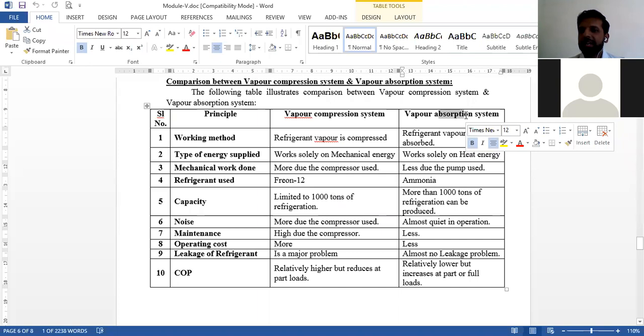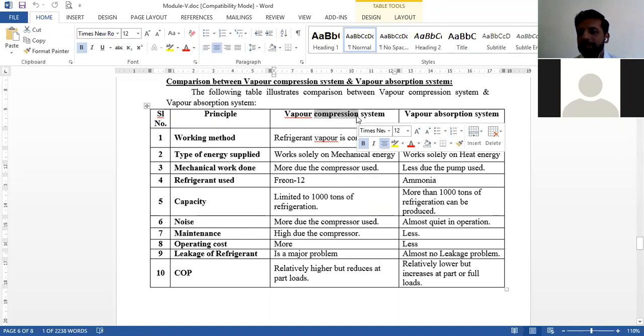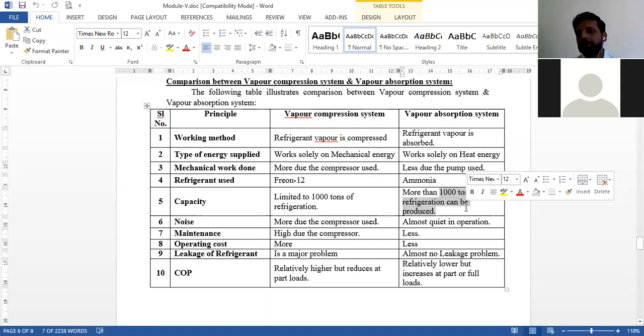Second, it is going to occupy more space for the smaller quantity of refrigeration that we require. That is why this 1,000 tons limitation comes into the picture. If it is less than 1,000 tons, the compression system is much more efficient. But once it exceeds that, the vapor absorption system is preferred.